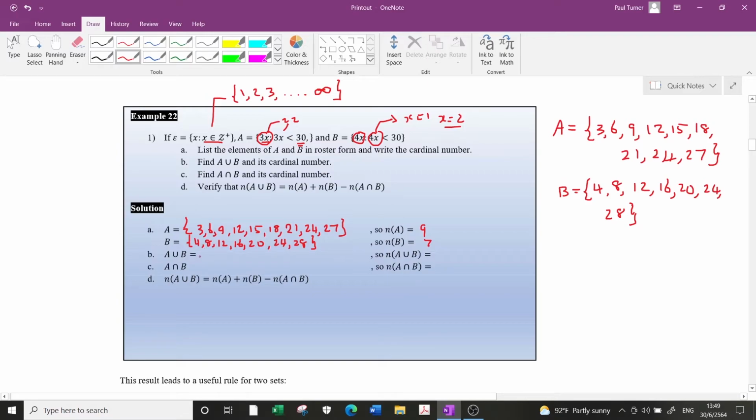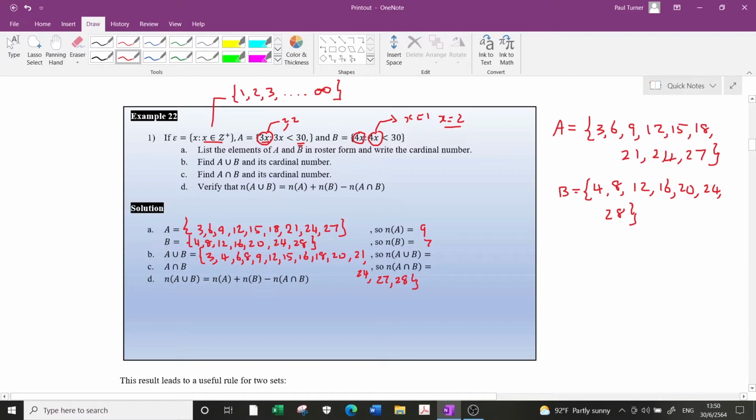We're going to need to write them all down. So we're going to have 3, 4, 6, 8, 9, 12, 15, 16, 18, 20, 21, 24, 27, 28.